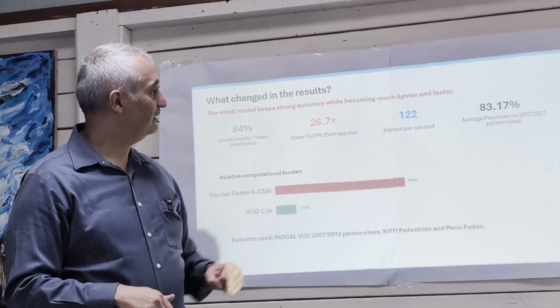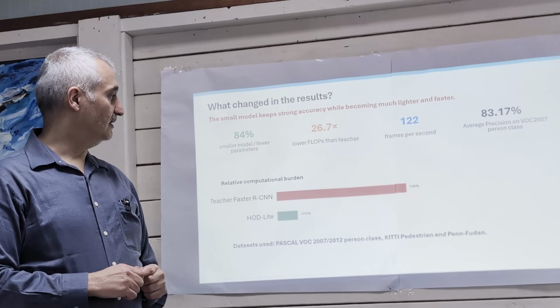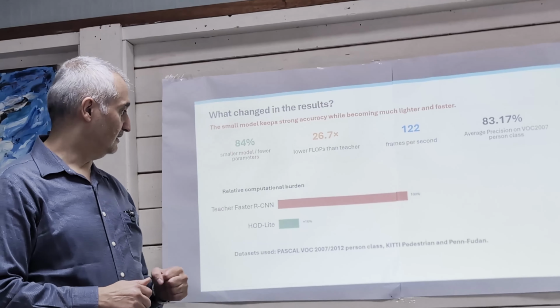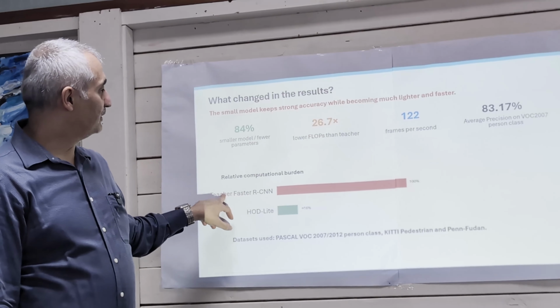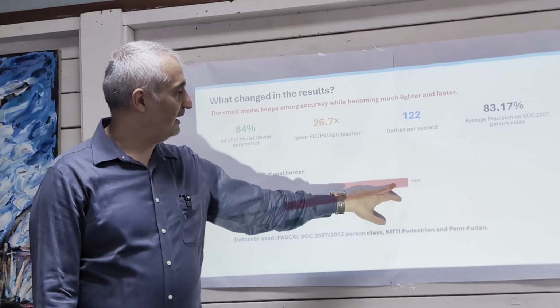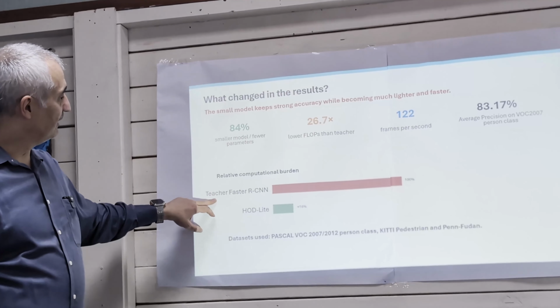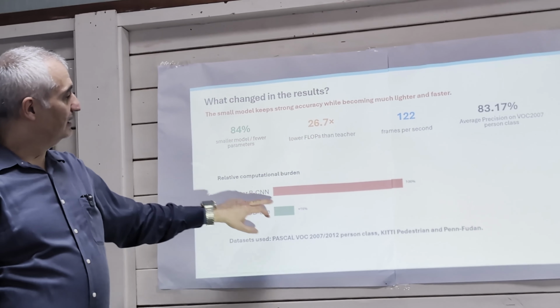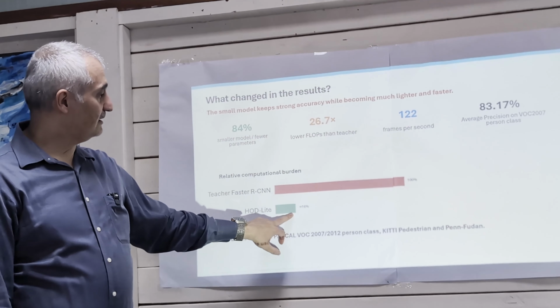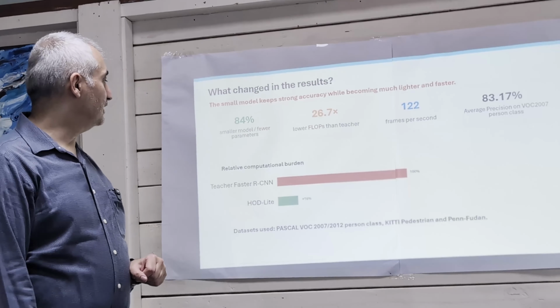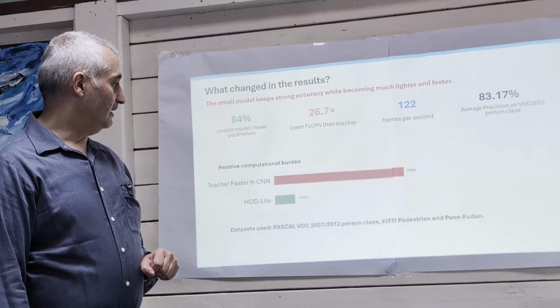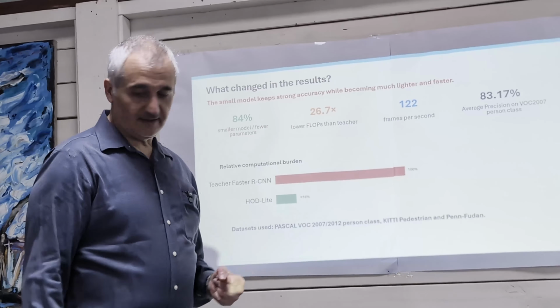So we achieved these indices. Relative computational burden: if we say 100% for the original teacher model, the HotLite achieved 16% of that computational burden. For reference, I also put the data sets we used.